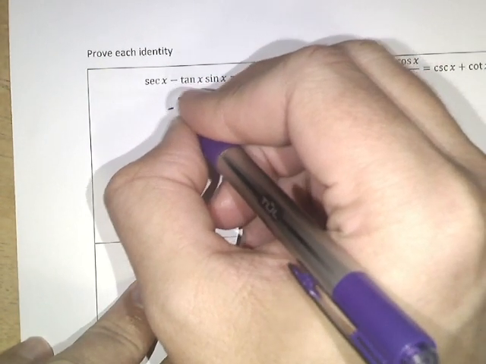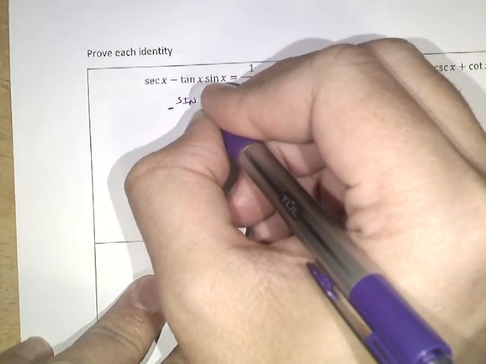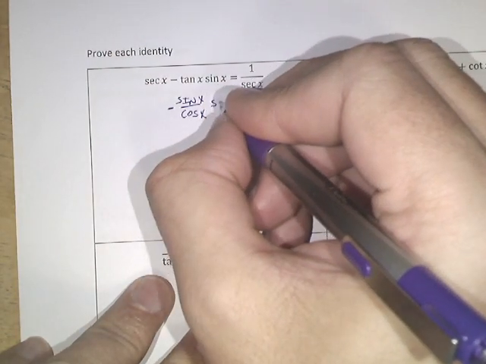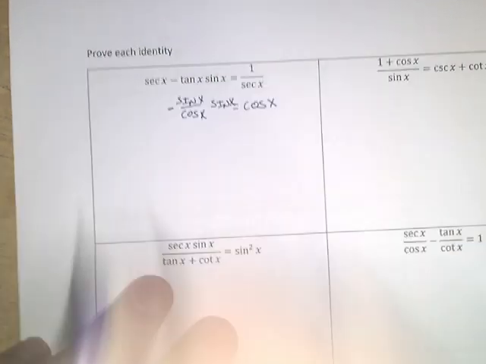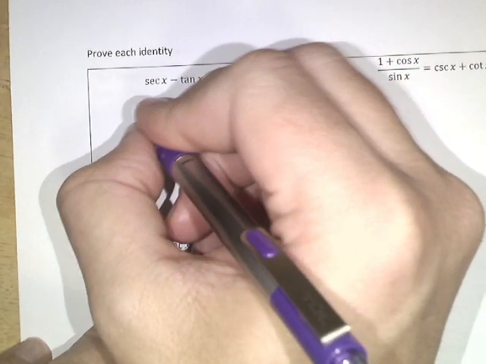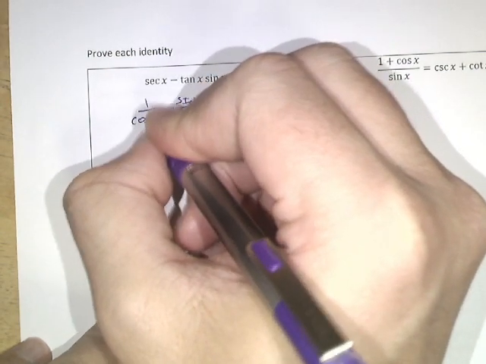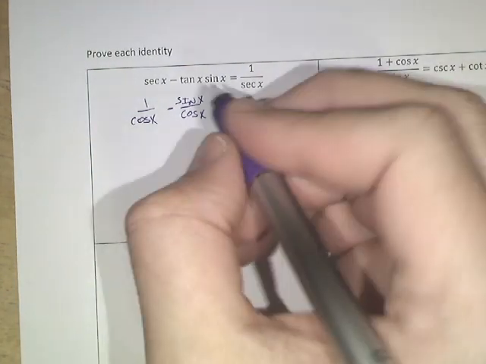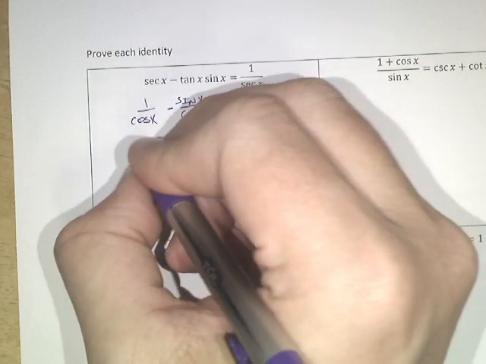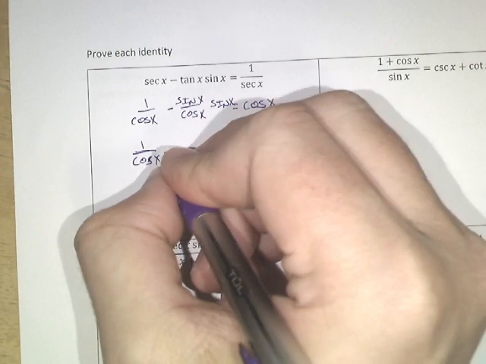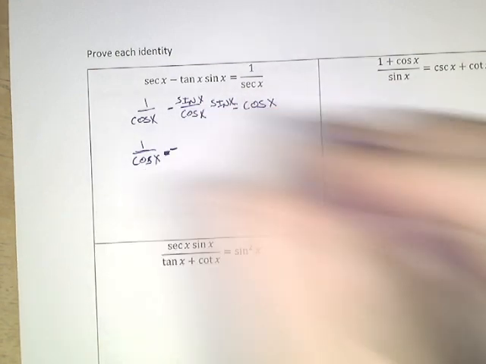Tangent is sine x over cosine x, and this is times a sine x. And then secant's just 1 over cosine of x. Okay, so now we can bring these two together.